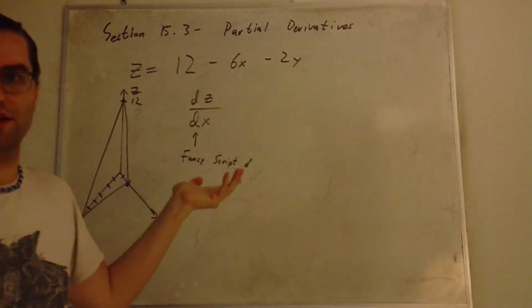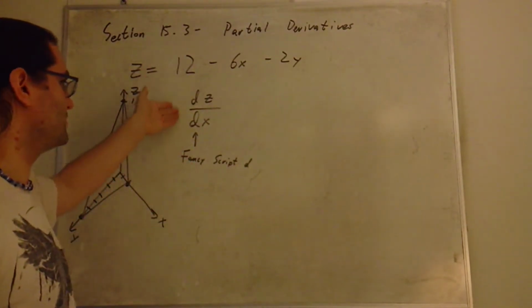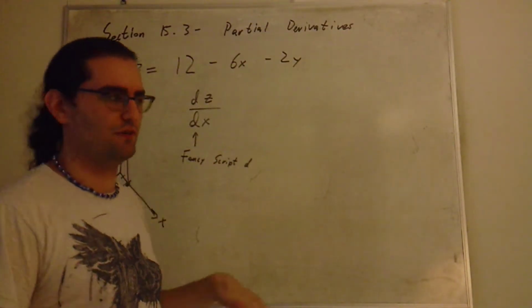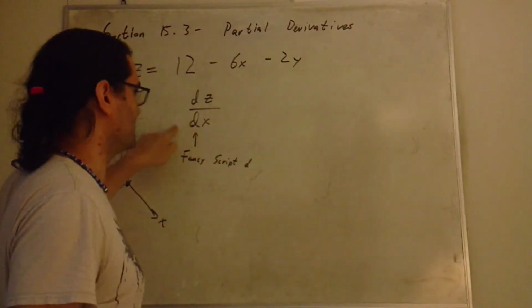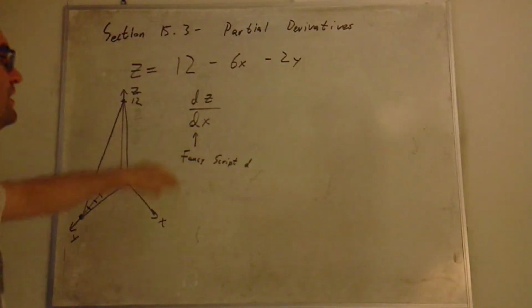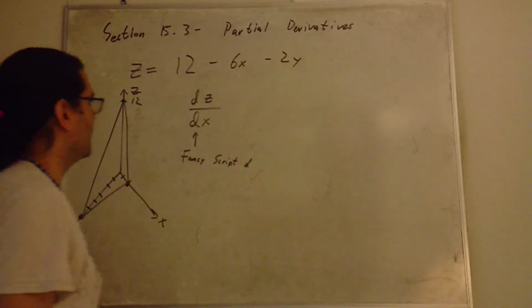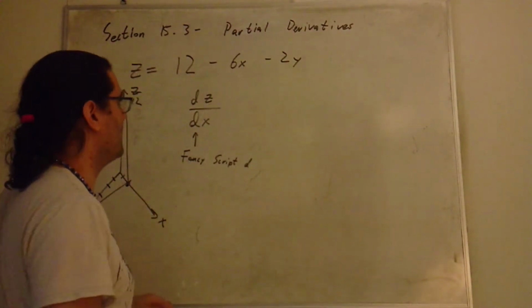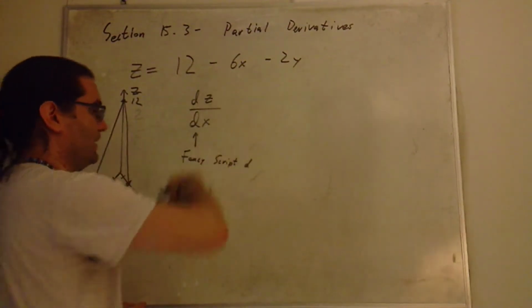I just am bad at distinguishing the fancy script D from the regular D. Hopefully, when you see it typeset on the homework, it will be very clear. But all the D's in this place are going to be very fancy and scripty, sort of like an italicized D, maybe. So this is how we're going to write it.